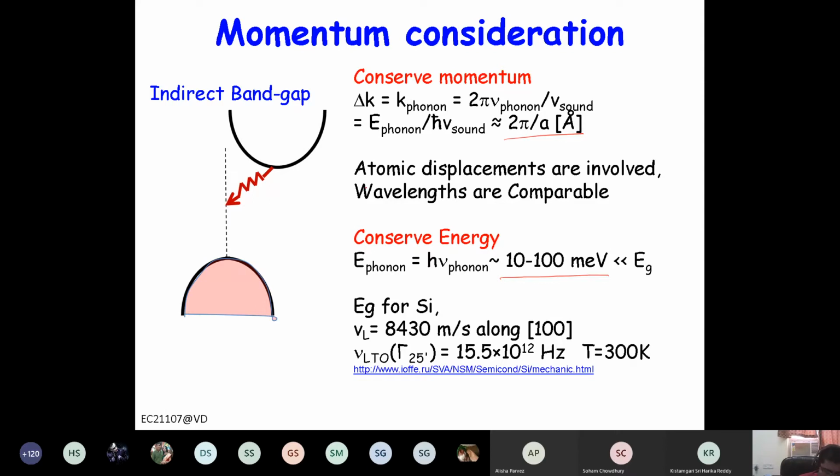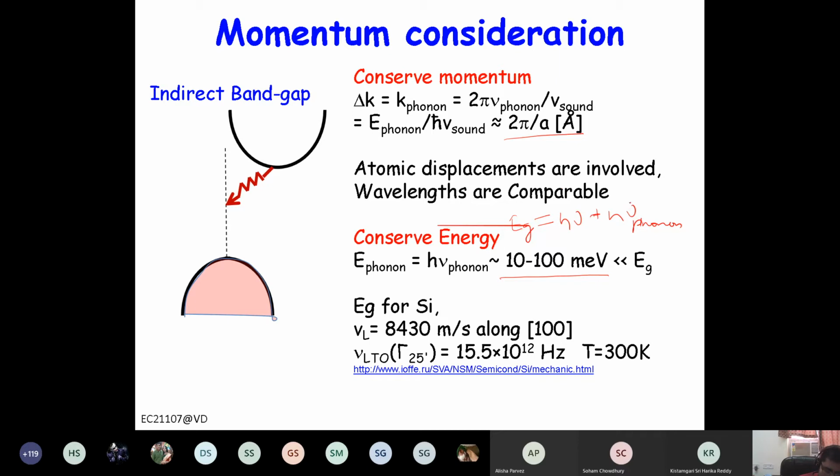So in this case, the energy conservation equation will look like Eg, the total energy that is released by electron hole recombination, is equal to photon energy plus phonon energy. And the momentum of the electron will be the momentum of phonon plus the momentum of photon.